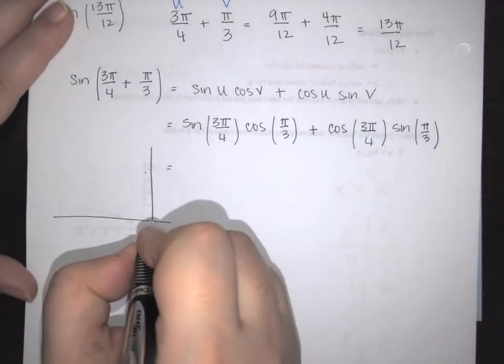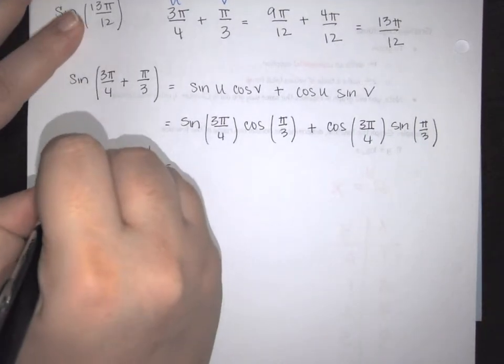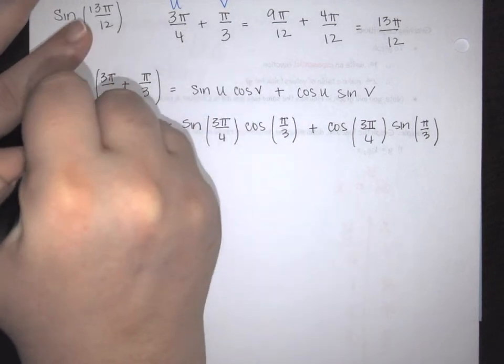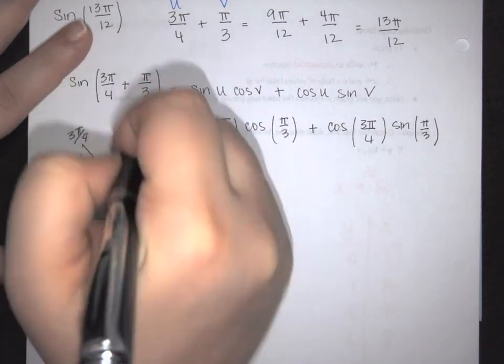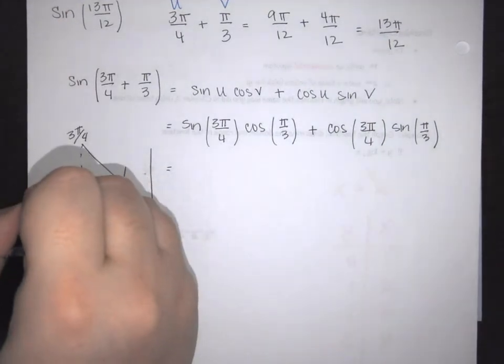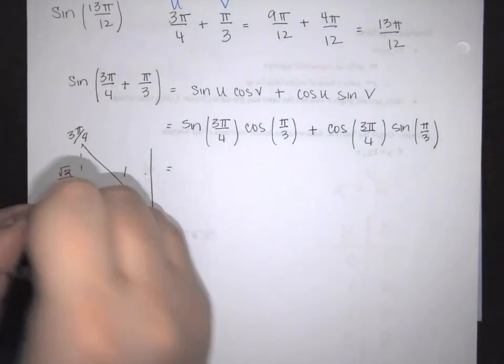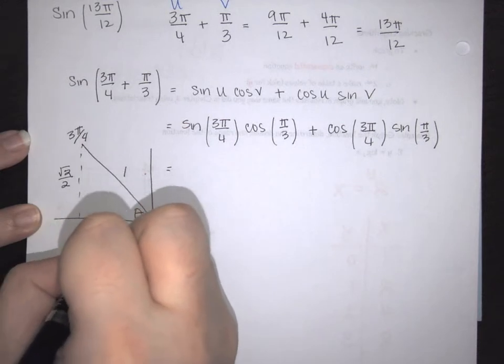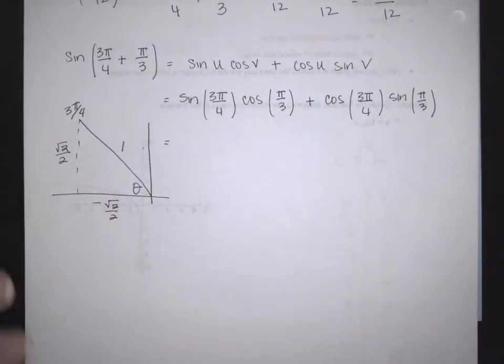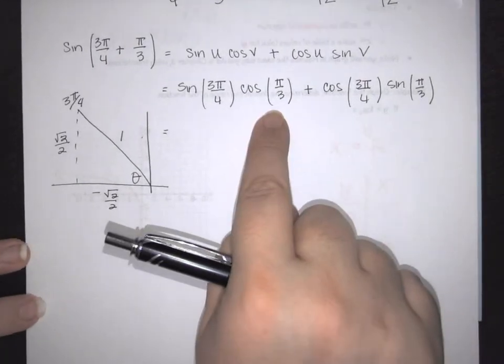I'm here in my second quadrant. I can drop down my vertical. Here's my angle, and this is 3 pi over 4. And so we know this is going to be the square root 2 over 2 and negative square root 2 over 2.